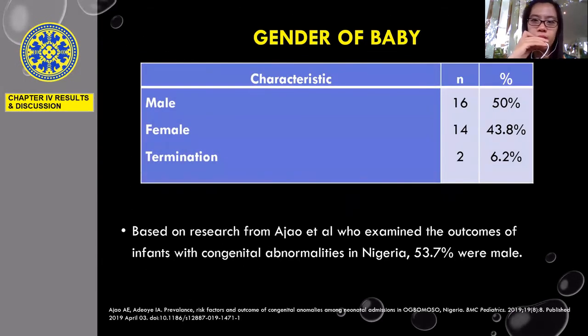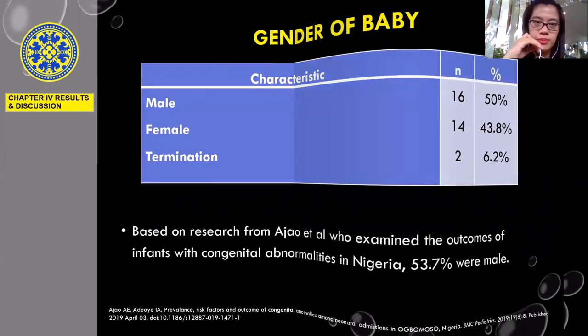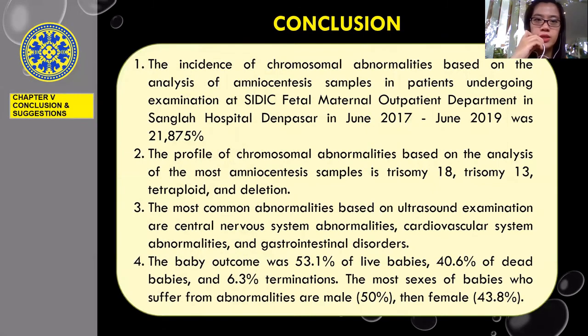The gender of the babies was mostly male, 16 patients, female 14 patients, and termination 2 patients. Based on research from Aho, who examined the outcomes of infants with congenital abnormalities in Nigeria, 53.7% were male.